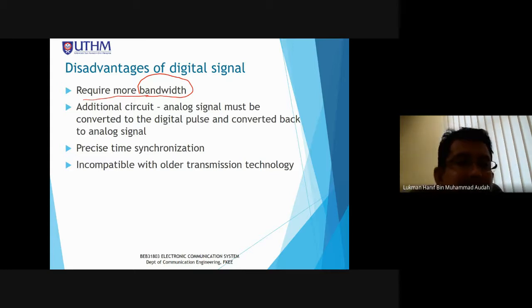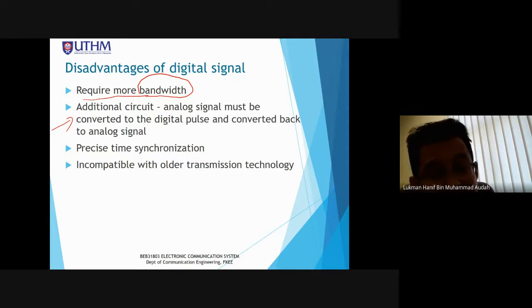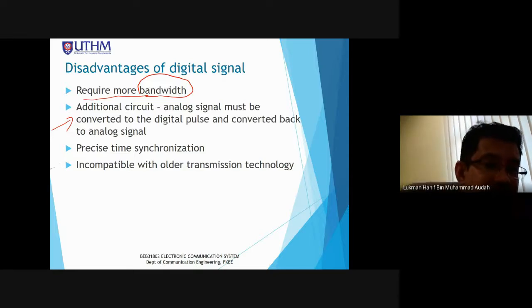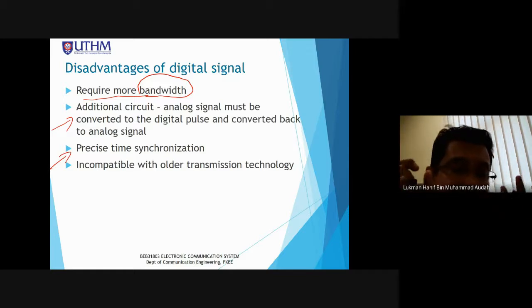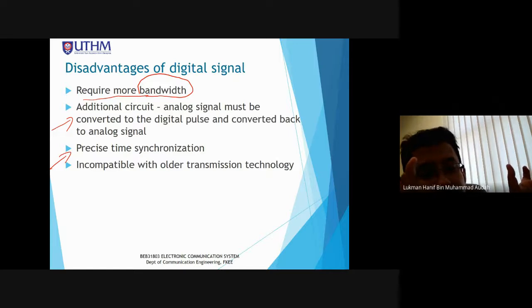Okay, and then what? Additional circuit. Analog signal must be converted to the digital pulse and converted back to analog signal. Of course dari segi circuitry dia akan lebih kompleks. And then precise time synchronization, maknanya transmitter dan receiver perlulah synchronize dari segi masa.